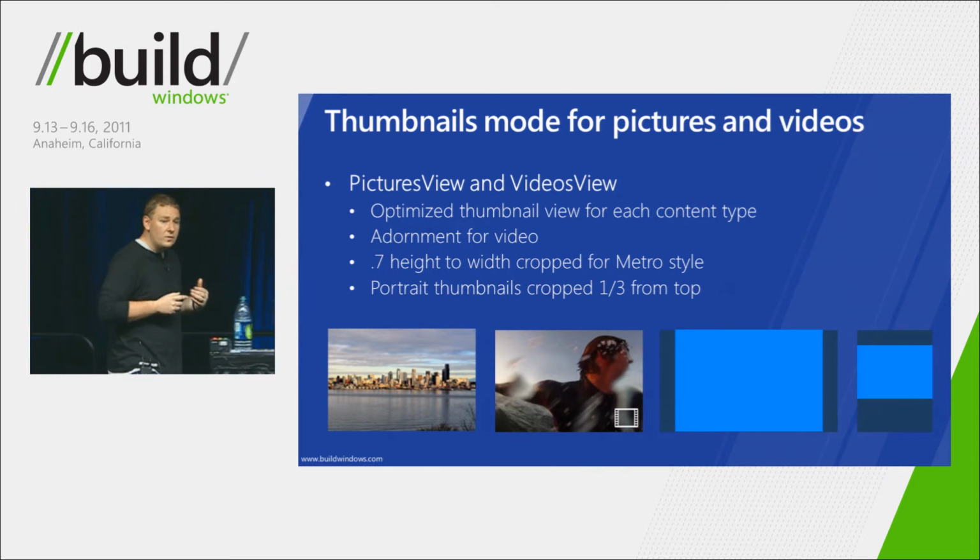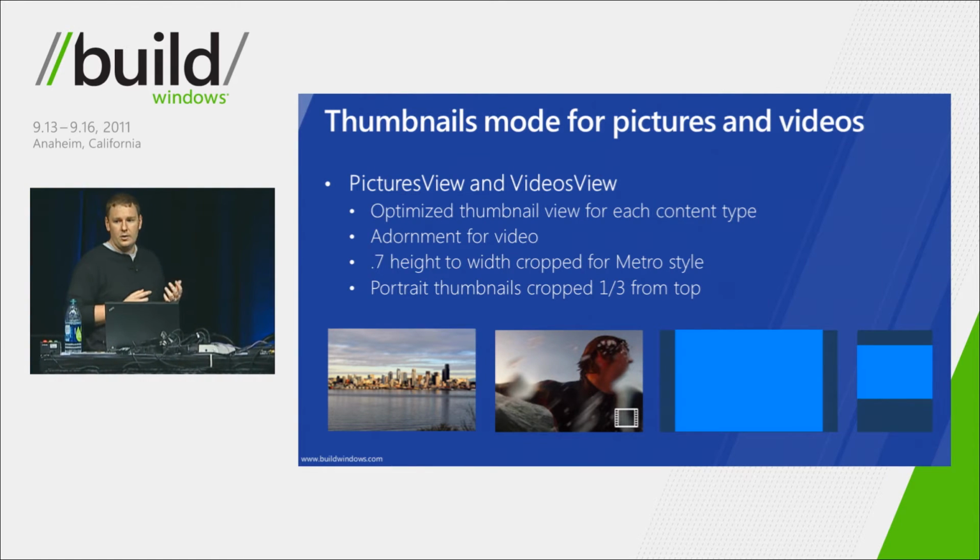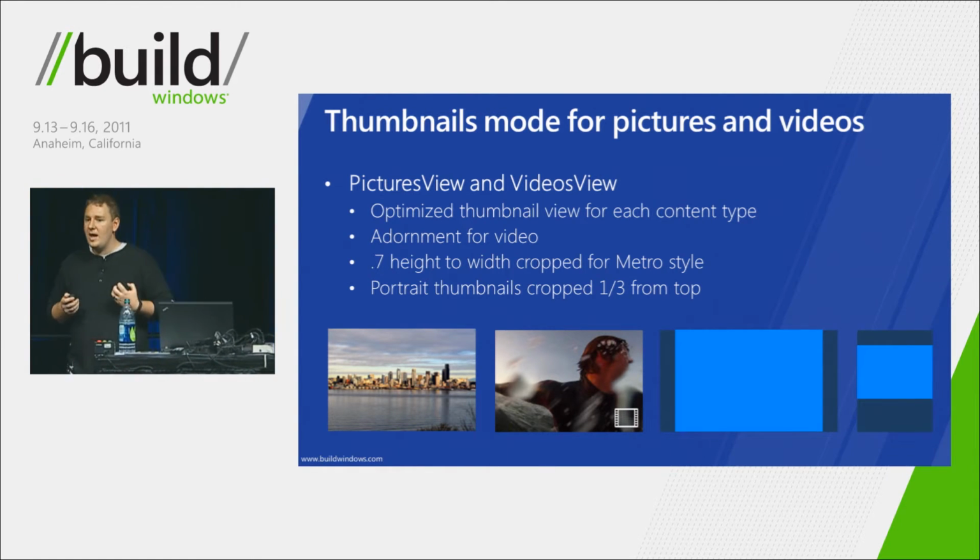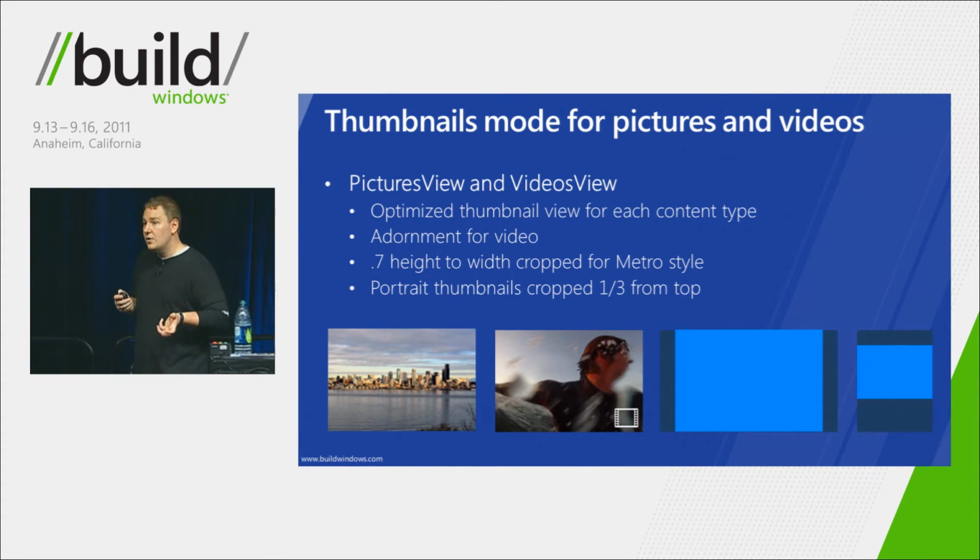And the way we do that is for 16:9 photos, you see there on the first blue slide on the right, we crop the edges, so everything is a perfect 0.7 height to width ratio. And for portrait thumbnails, we've worked a ton with Microsoft Research and all the teams at Microsoft that work on photos to figure out the optimum way to crop a thumbnail so that a portrait thumbnail shows people's faces.